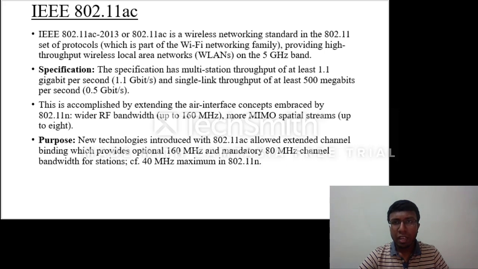Now, IEEE 802.11ac. 802.11ac and AX are the latest standards and are widely used nowadays. IEEE 802.11ac, also known as IEEE 802.11-2013, is a wireless networking standard in the 802.11 set of protocols, providing high throughput wireless local area networks on the 5 GHz band.